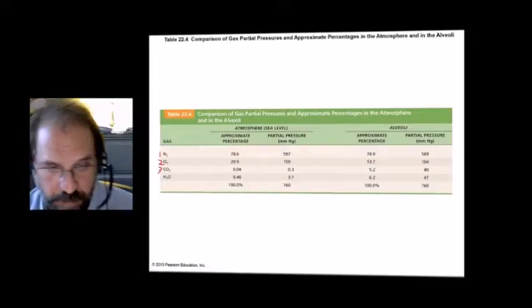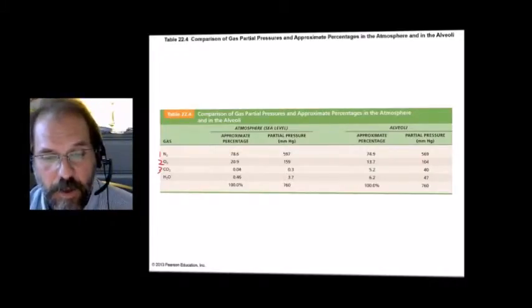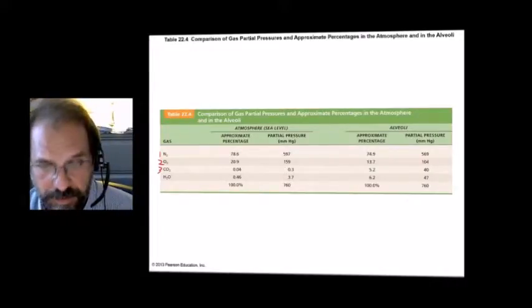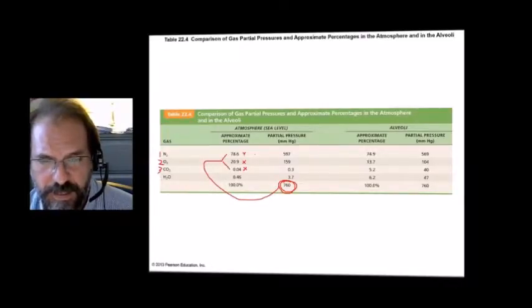Right. But it sums up to 100%. Okay. What you do now is you take your total pressure, which is 760 millimeters of mercury, and you simply multiply that by these individual percentages. Right, so you take this and you multiply it by these, and that gives you the partial pressures.